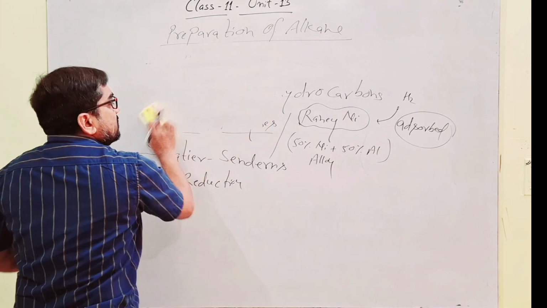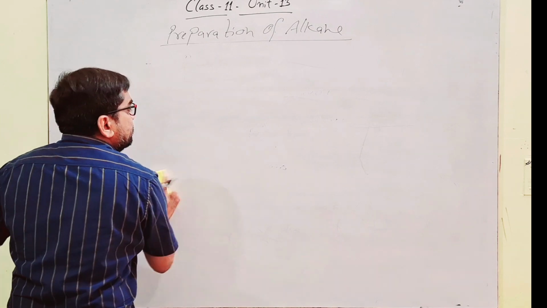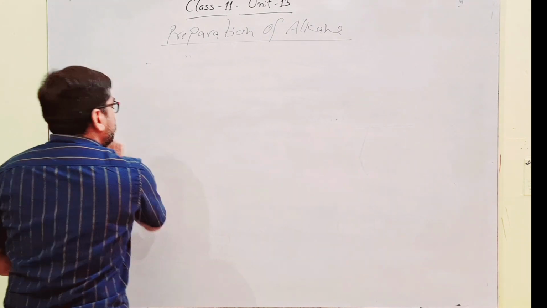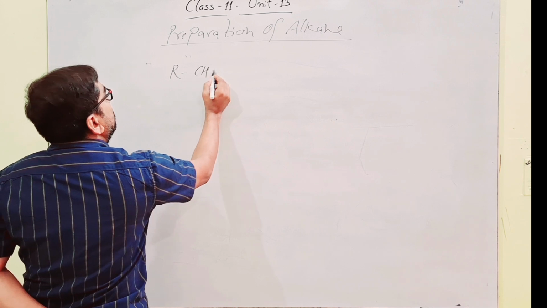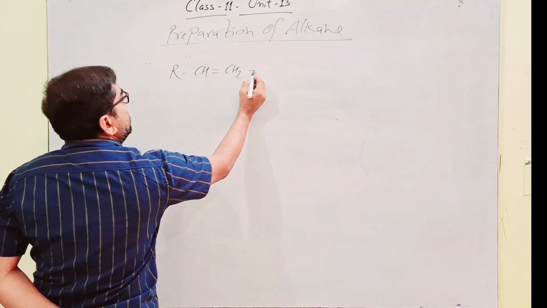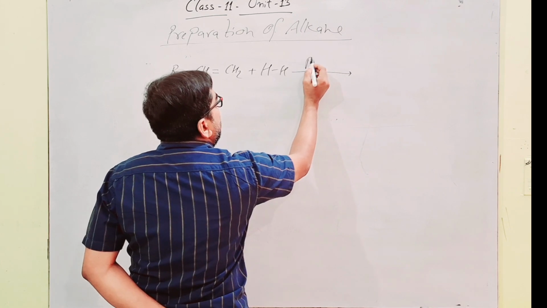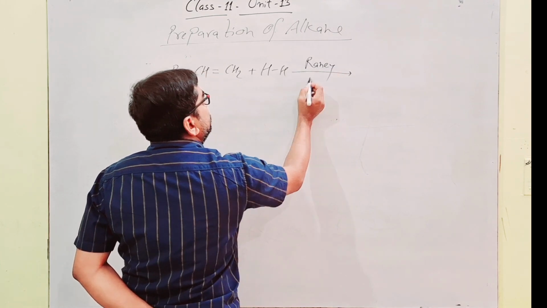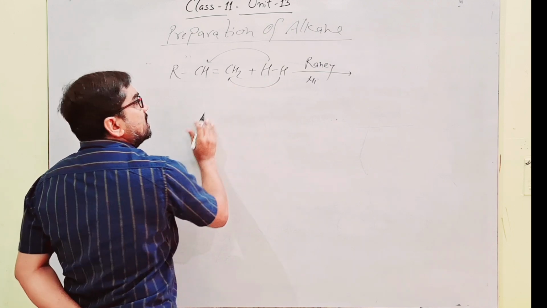Sabatier-Senderens reduction, that is in presence of Raney-Nickel. R CH double bond CH2, this is alkene reduction in presence of Raney-Nickel. Now one hydrogen to this carbon, one hydrogen here.